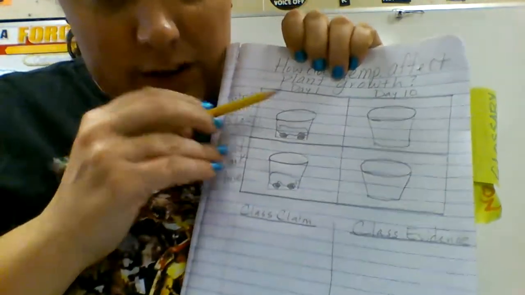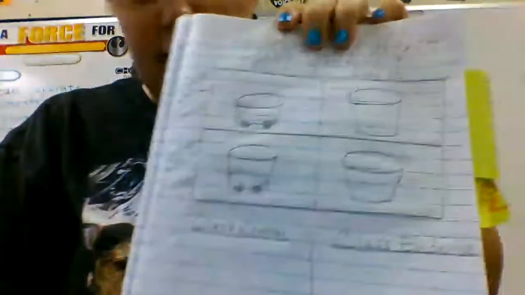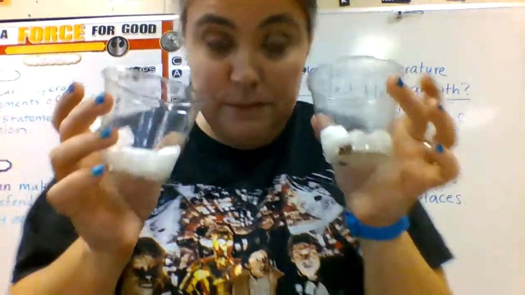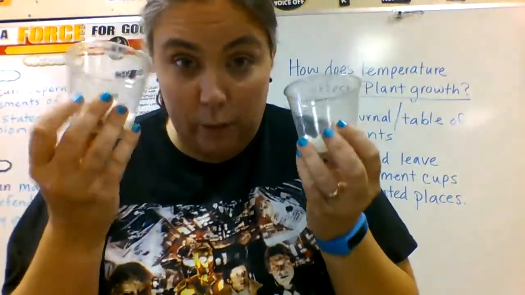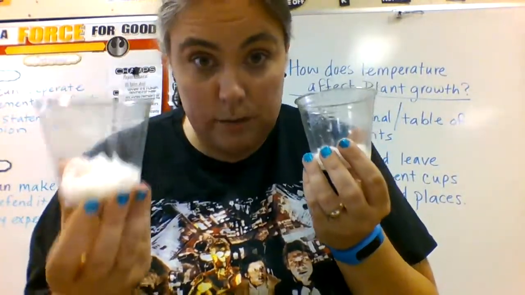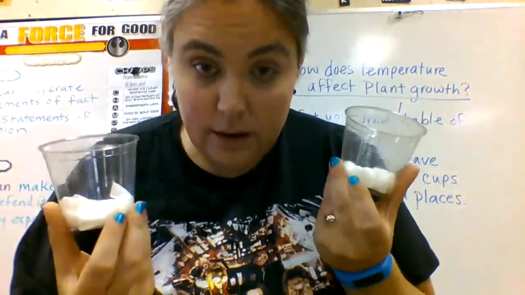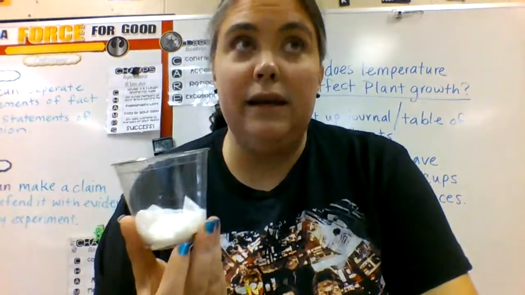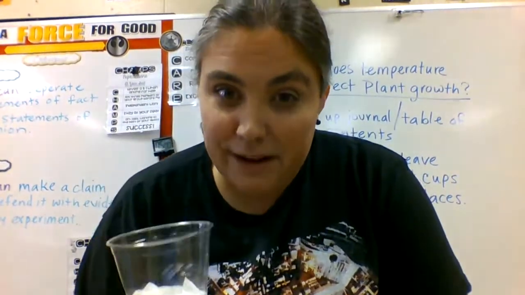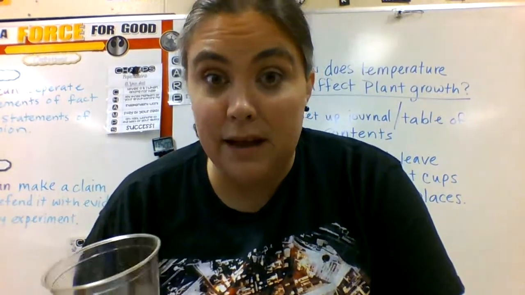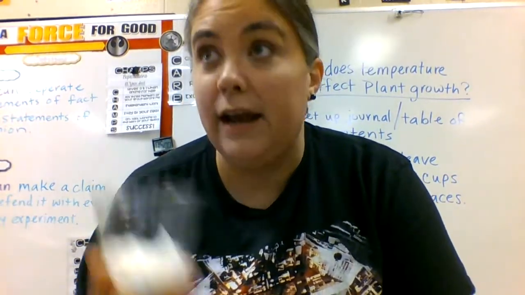All right. So once I've got that drawn in and documented, that's how they look on day one. I'm going to take my cups and put one in a warm, dark place. Like in my room, it's going to be a closet. At your house, it might be a cupboard or a cabinet that people don't open a lot. Maybe a cupboard or a cabinet in the bathroom underneath the sink.